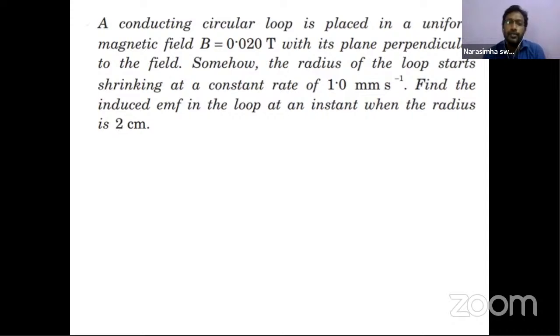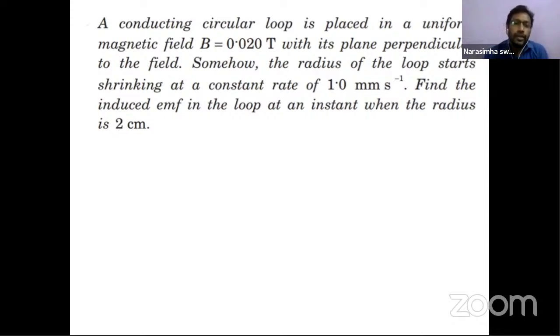Somehow the radius of the loop starts shrinking at a constant rate of 1 millimeter per second. Find the induced EMF in the loop at an instant when the radius is 2 centimeters.